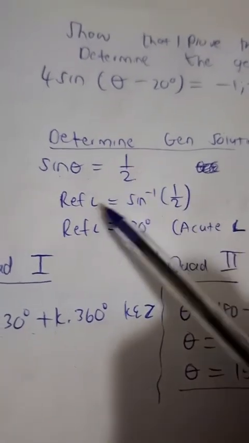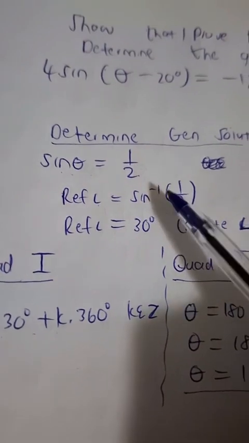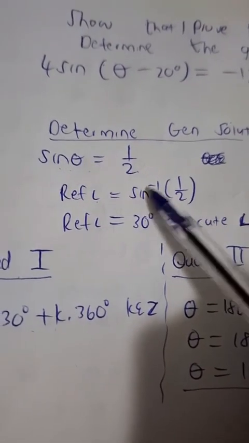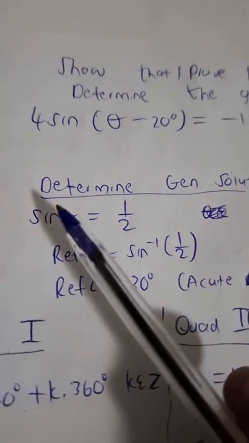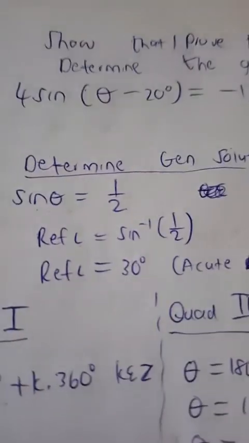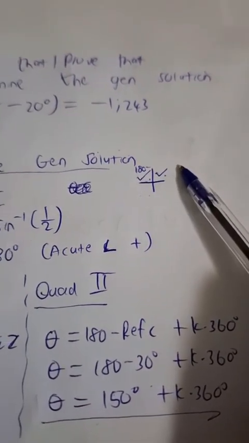So all you're going to do is follow the very same steps. The reference angle will be arc sine of 0.35. But first and foremost, you ask where sine is positive. 0.35 is a positive number, so you tick the quadrants where it's positive.